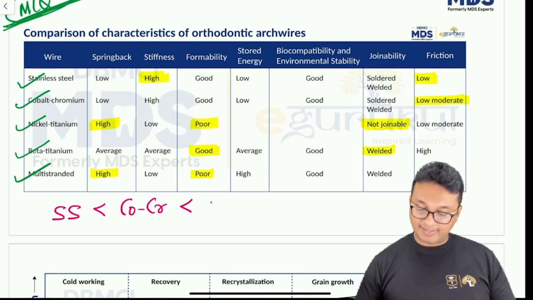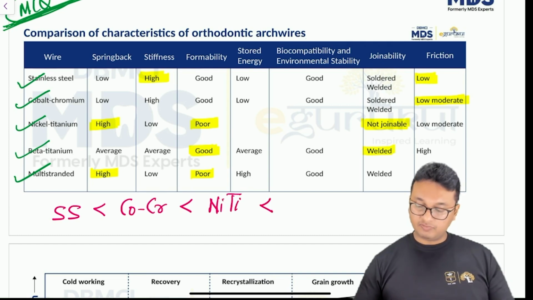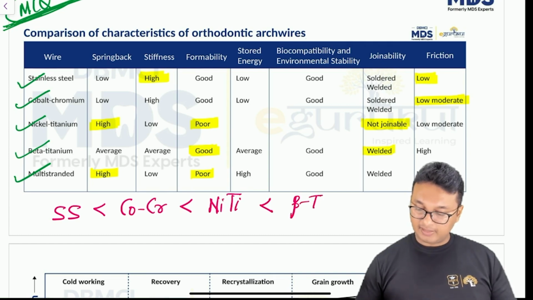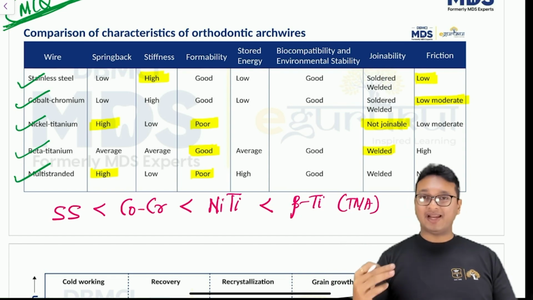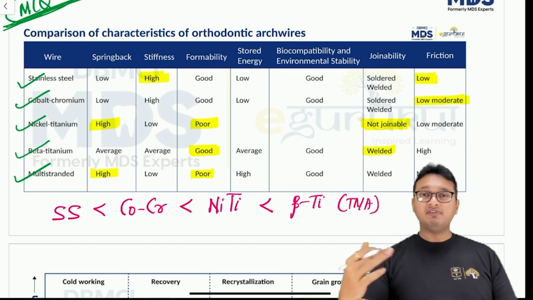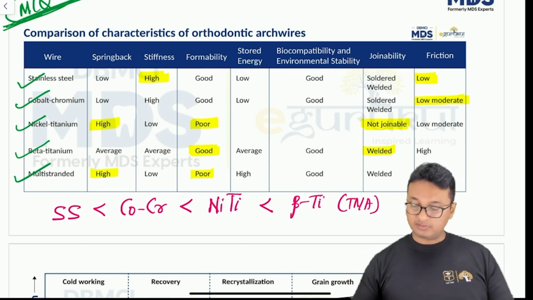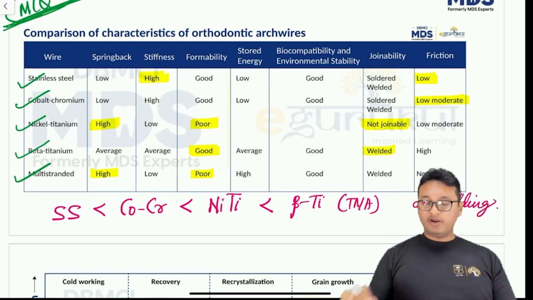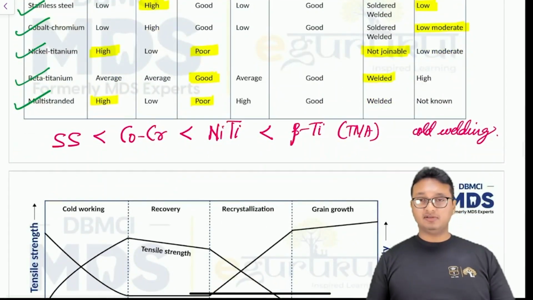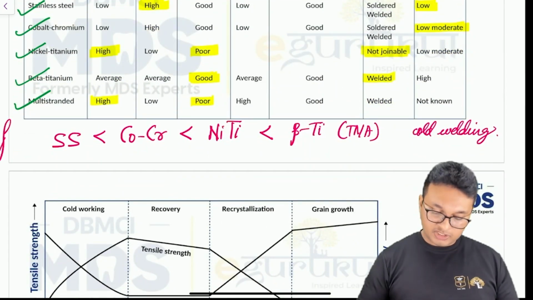This is followed by nickel titanium wires, and finally it is followed by beta titanium wires, also known as TMA wires. So you can remember it that way. The more the composition of titanium in the wire, the higher will be the friction because of a process known as cold welding. I'm not going into much detail about what cold welding is. Just remember, friction.